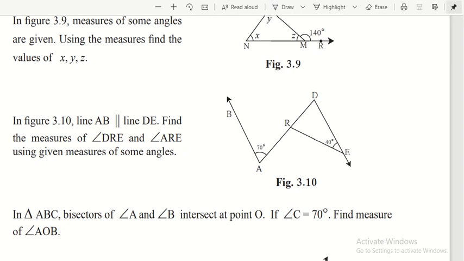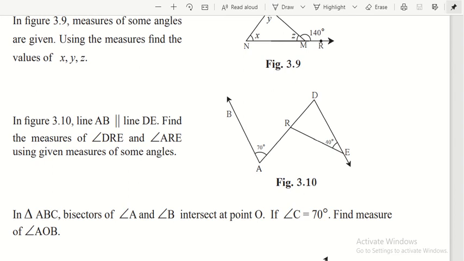Okay, and what we have to find here? Find the measure of angle DRE and angle ARE. See, now again this problem can be solved in 2-3 ways.